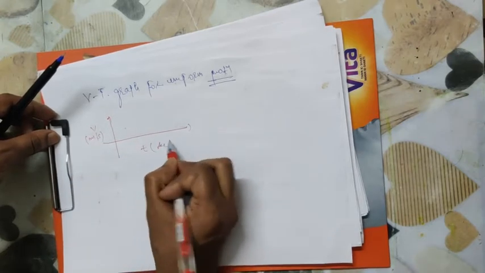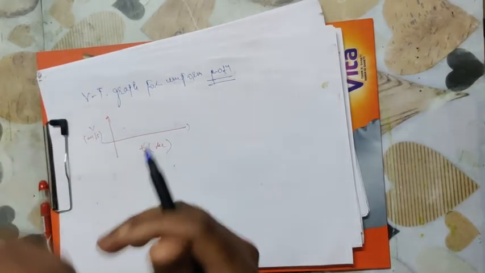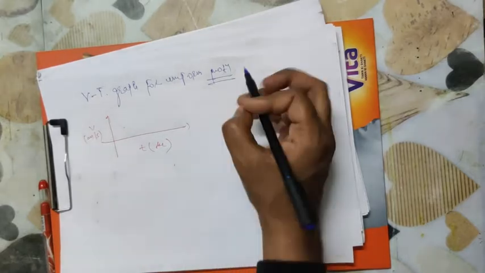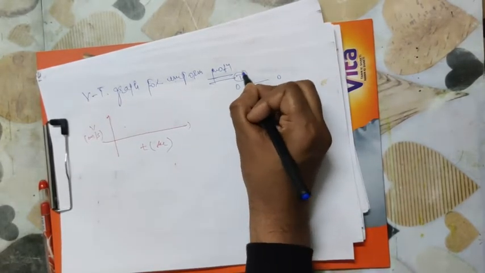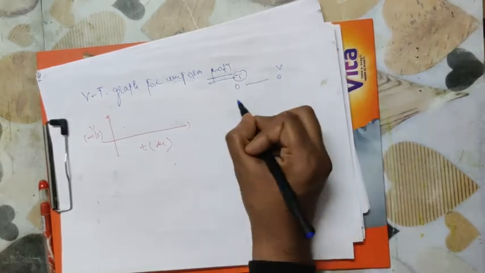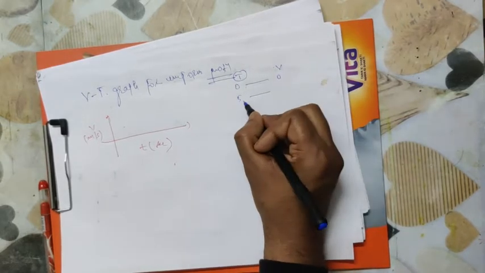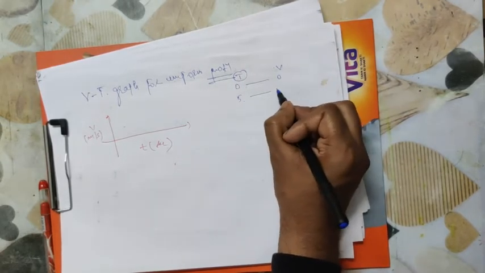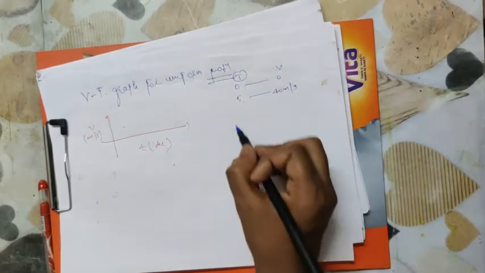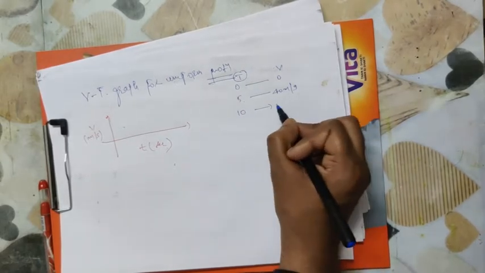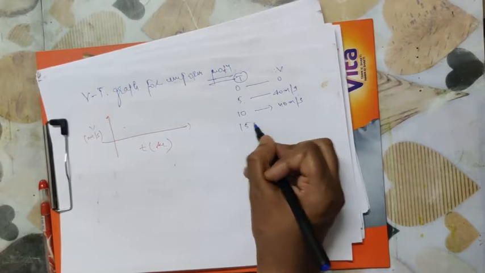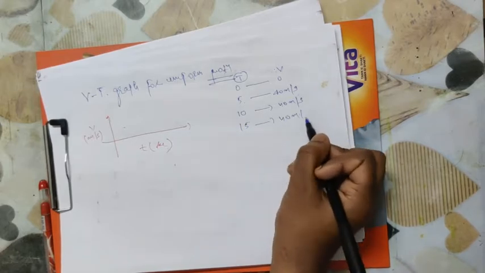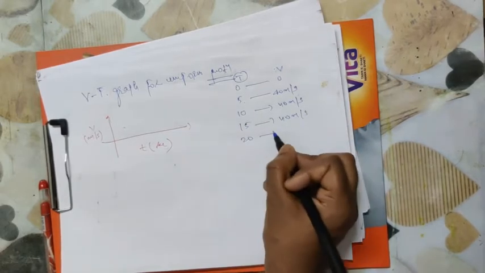When the body is moving in uniform motion, at 5 second its velocity is, let it be, 40 meters per second, at 10 second its velocity is the same 40 meters per second, at 15 second the same 40, and at 20 second its velocity is 40.